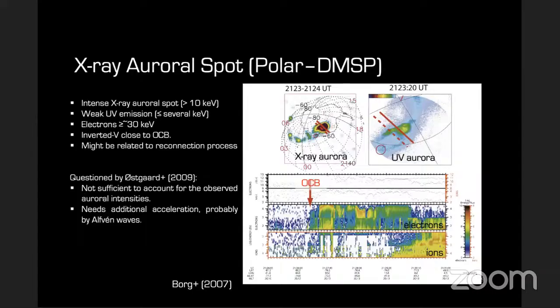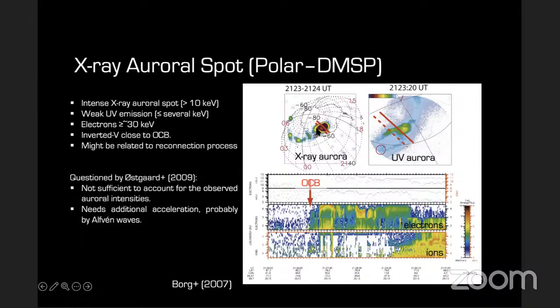So next, I'd like to show a couple of unique simultaneous optical and particle observations of poleward boundary auroral phenomena and discuss their implications. This is the first event using simultaneous Polar imager and DMSP particle observation. During a substorm event, the Polar X-ray imager observed an intense auroral emission spot here.